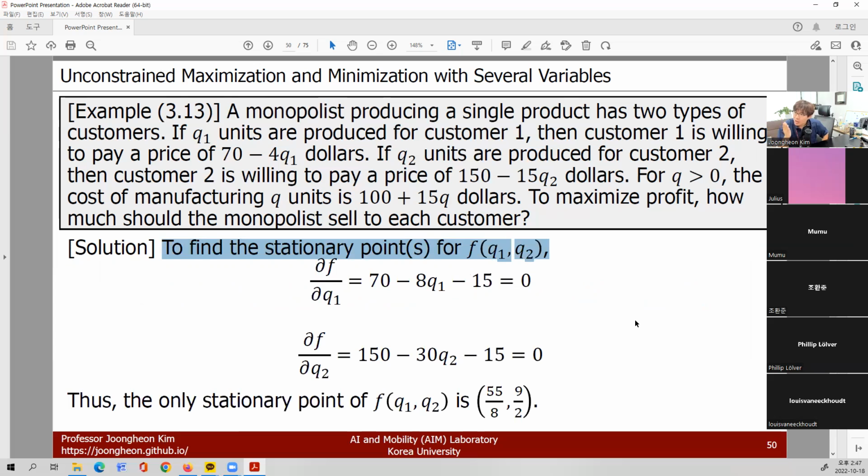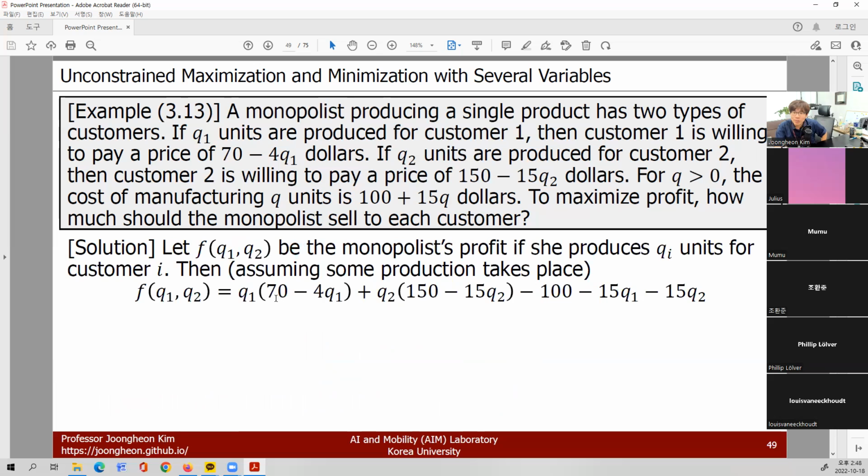Then you do the partial derivative for the first variable. You have to do the partial derivative for the second variable, right? So partial derivative with the first one. With this function, you do the partial derivative with respect to Q sub 1. That's why this will disappear.